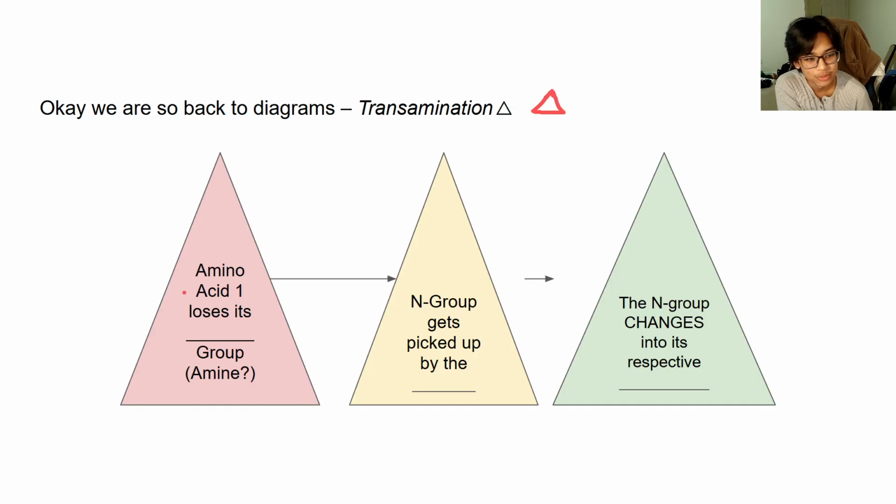So your first amino acid loses its nitrogen. Do I know if it's an amine? No, I don't really know. I'm just going to call it a nitrogen group because that's what I know it is. So the nitrogen group gets picked up by what? By the alpha keto acid. That's what I understand.